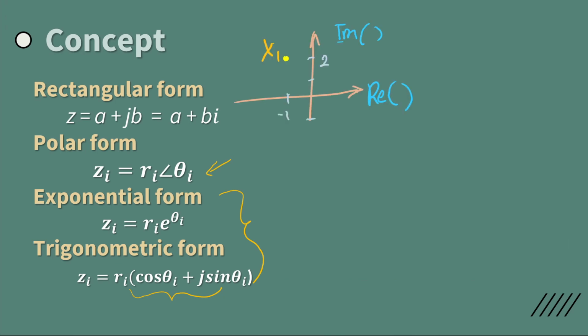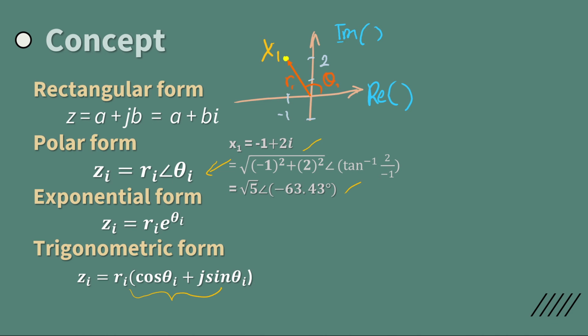If you have this example here previously, you have the rectangular form here, -1 plus 2i, for the complex number x1, and you have the polar form here. To get into exponential form, you simply copy the polar form with the respective form of the exponential.